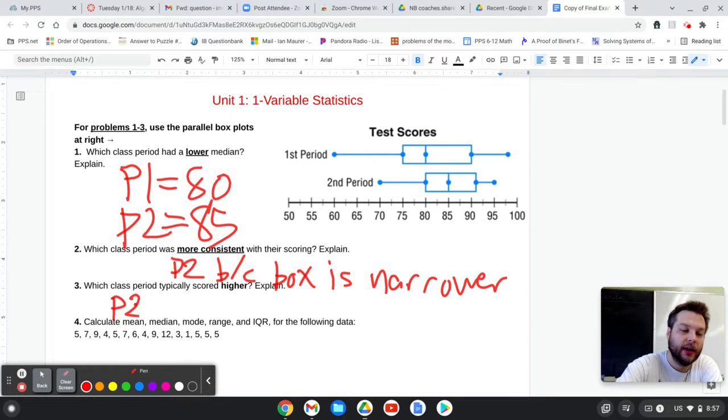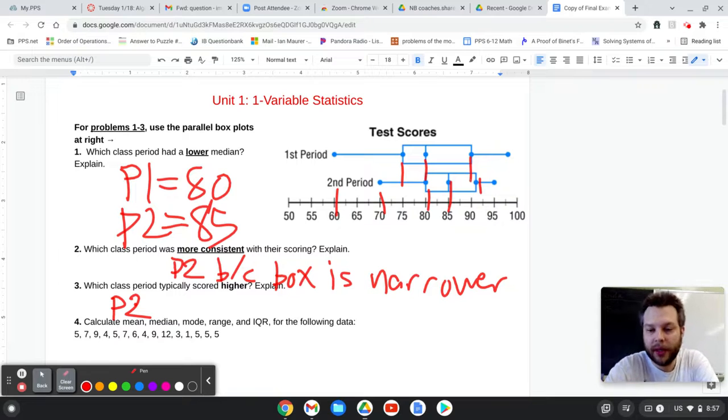Which class period typically scored higher? Period 2 scored higher in every category except the maximum. If you look at their minimum, it's better for P2 versus P1. The first quartile, the median, and the third quartile are all better. The only one that's better is period 1's maximum.